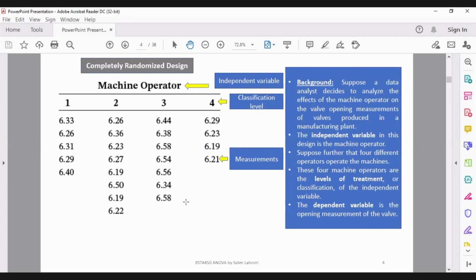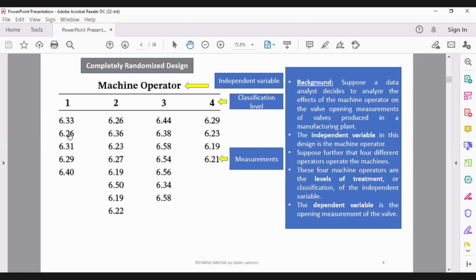So this is the example numerically represented in this table. So we got the machine operator. Machine operator is the independent variable. We got classification level 1, level 2, level 3, level 4. Under each level, we got some measurements.